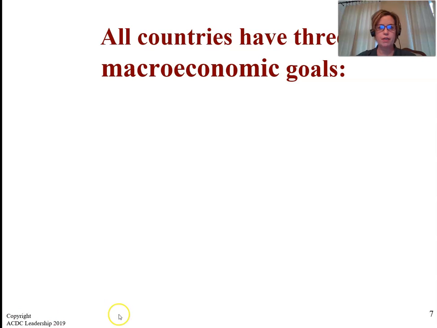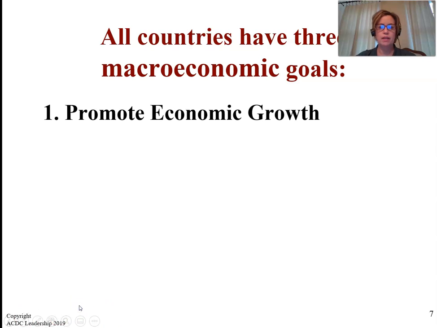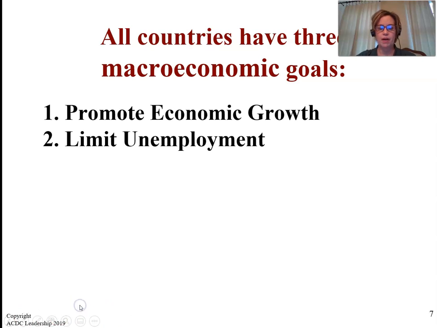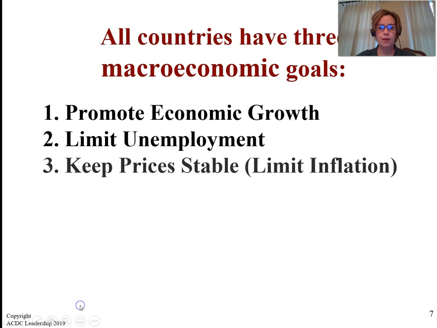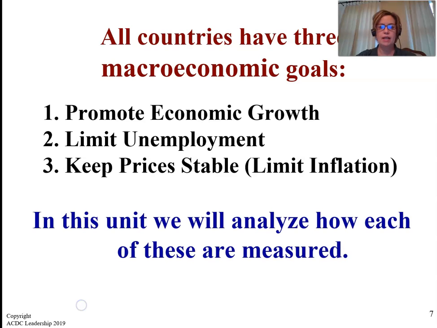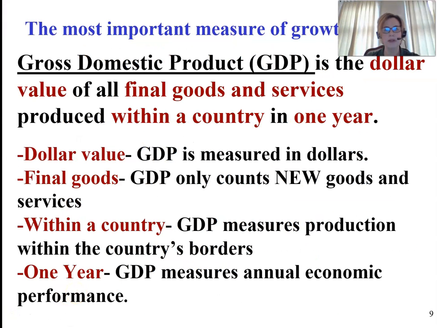All countries have three macroeconomic goals. The first one is to promote economic growth, to limit unemployment, and to keep prices stable or limit inflation. In this unit, we're going to analyze how each of these are measured. The most important measure of growth is GDP.